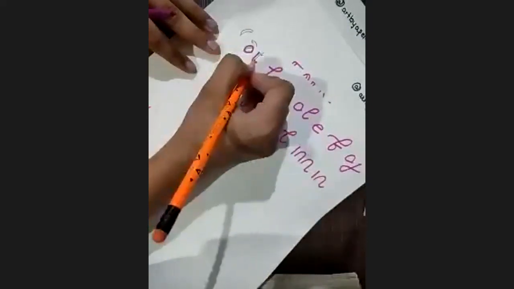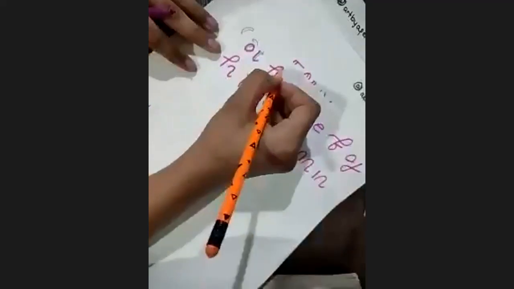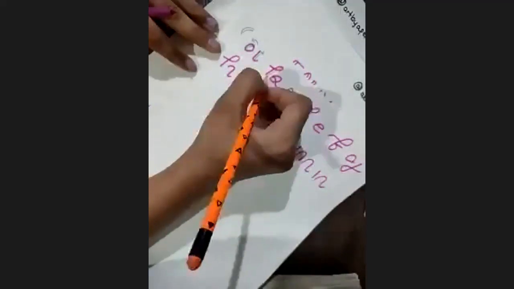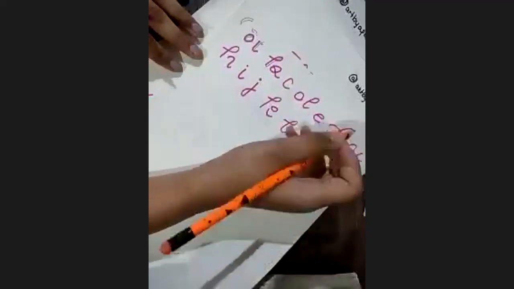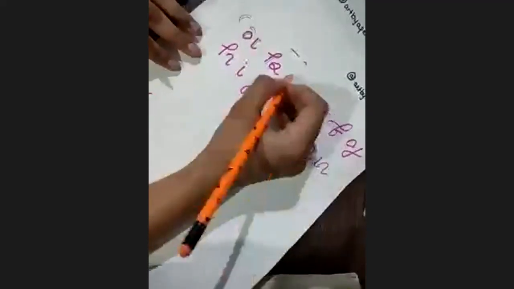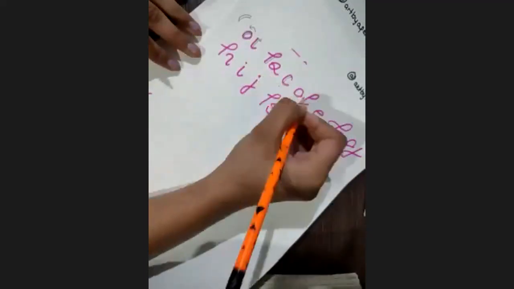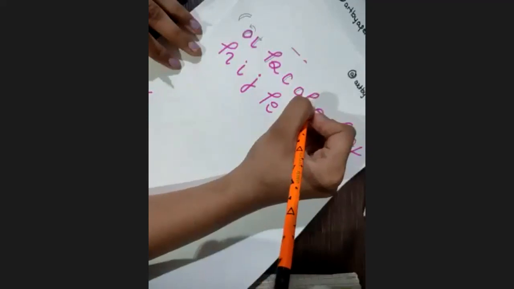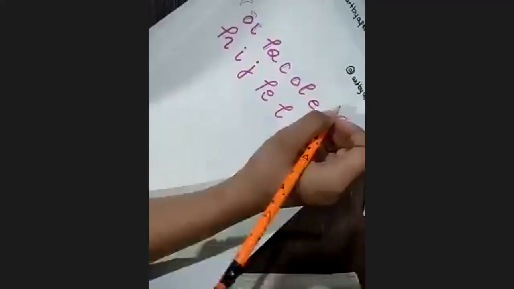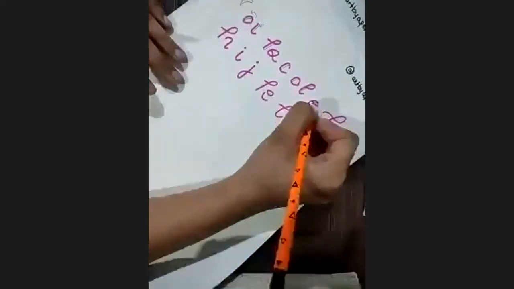So here, upside to downside. It depends on alphabets. Or we do it from the right side, but it depends on alphabets. Like I'll show you. See, it is all about thick stroke. See?